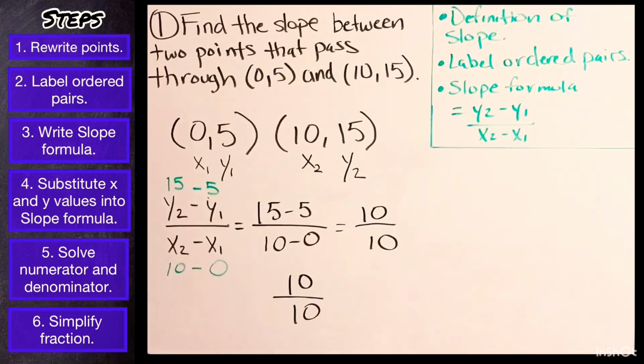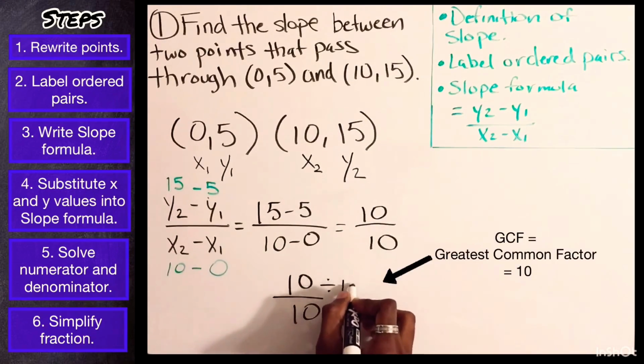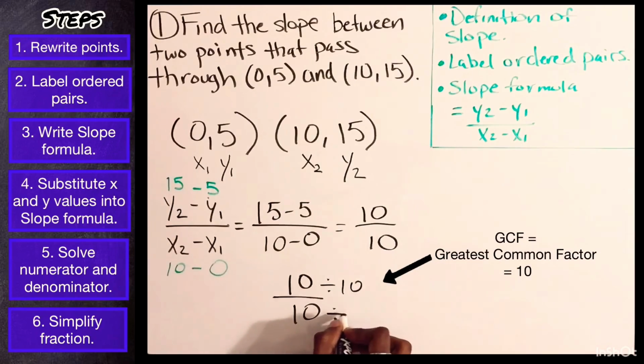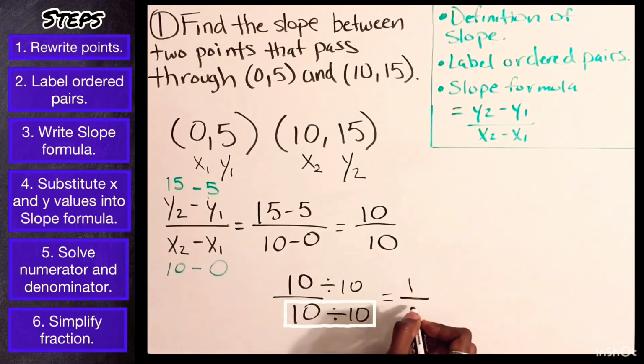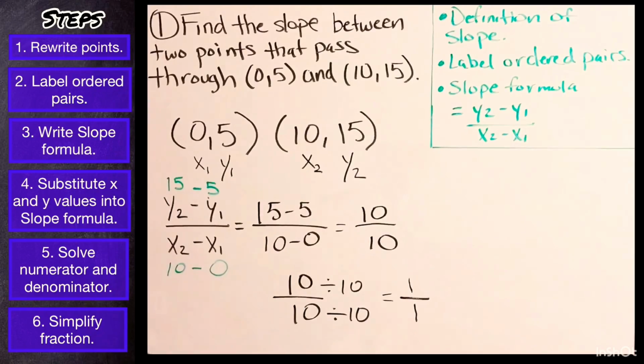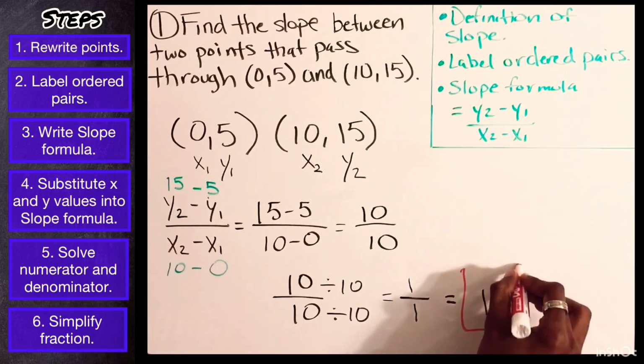So we'll divide the numerator by 10 and we'll divide the denominator by 10. The numerator is going to be 1, and same thing in the denominator, 10 divided by 10 is also 1. Me personally, I think it makes sense to leave it like this, but it's equal to 1. So your slope is equal to 1, and that is your answer.